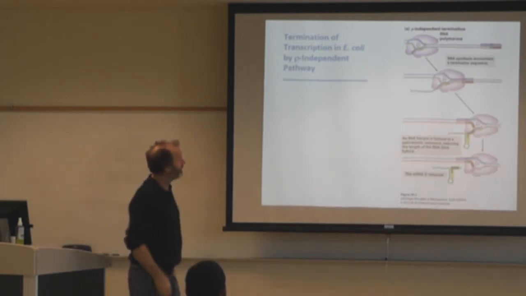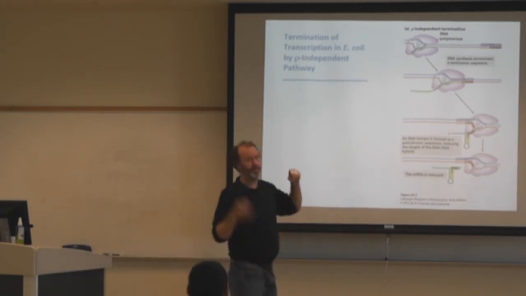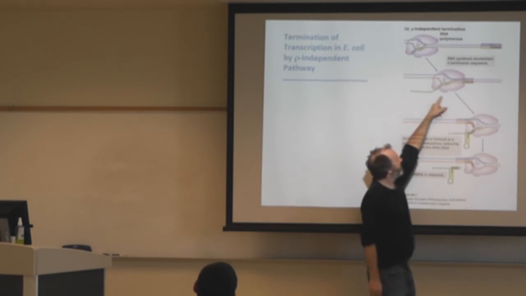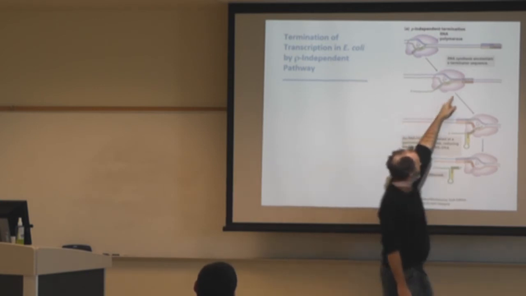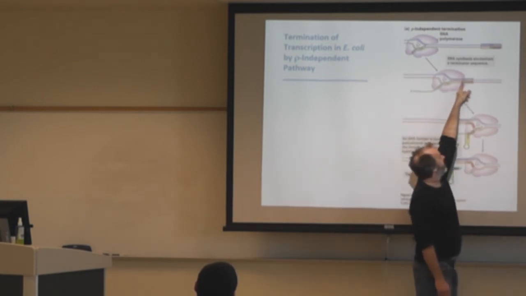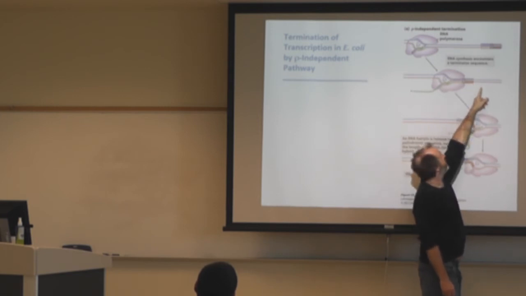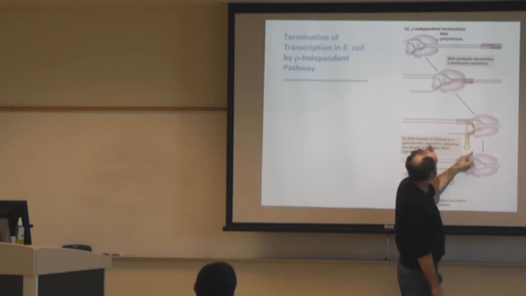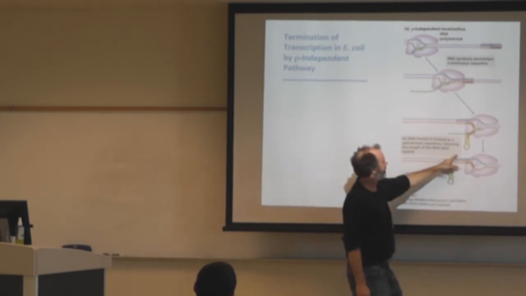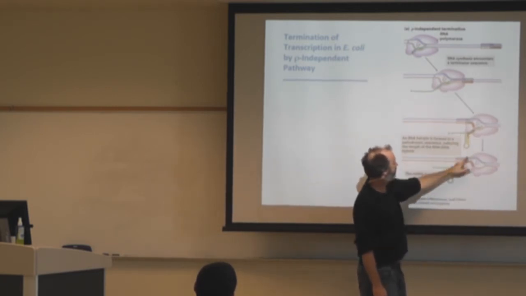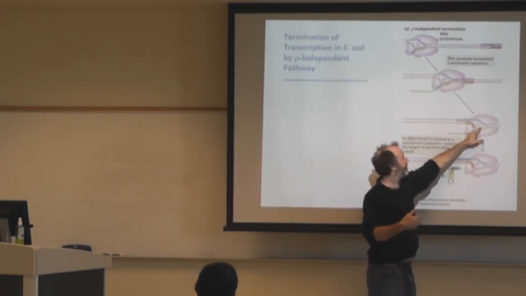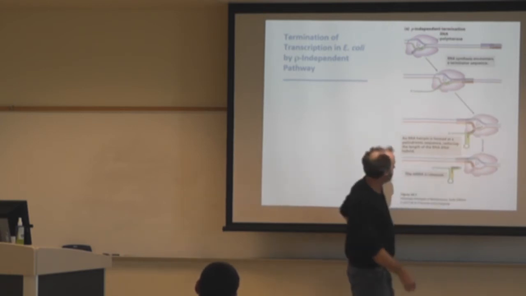Rho-independent pathway. It helps to see it. So you have RNA synthesis, and here you see all the T's on the coding strand, so we're going to make a bunch of U's. Then it forms this hairpin loop structure with a bunch of U's bound, which is easier to separate from the DNA template because it takes much lower energy to rip those apart.